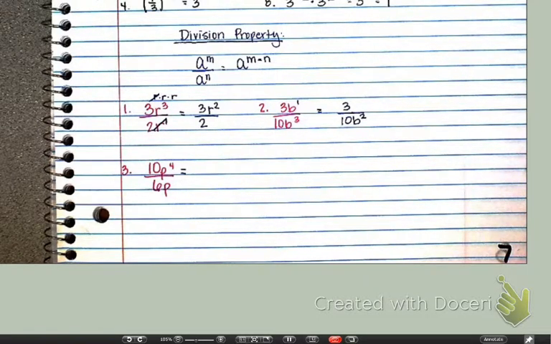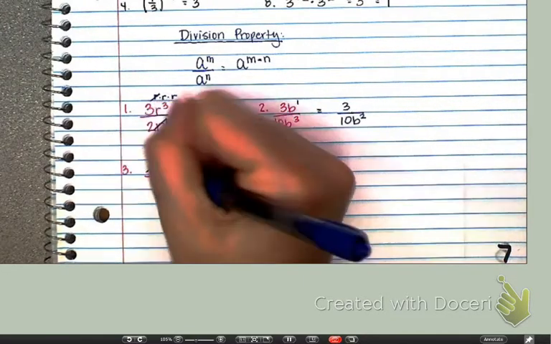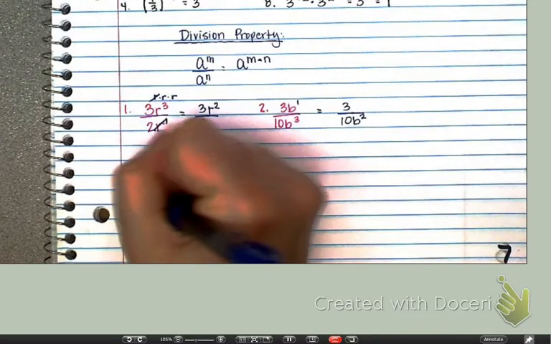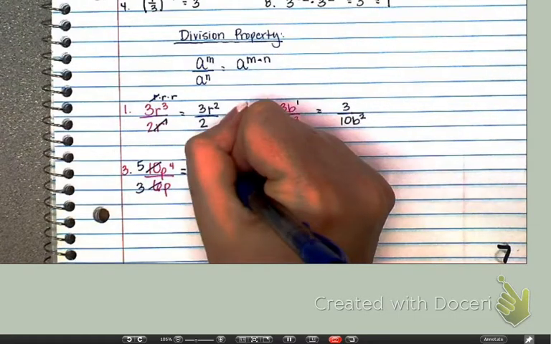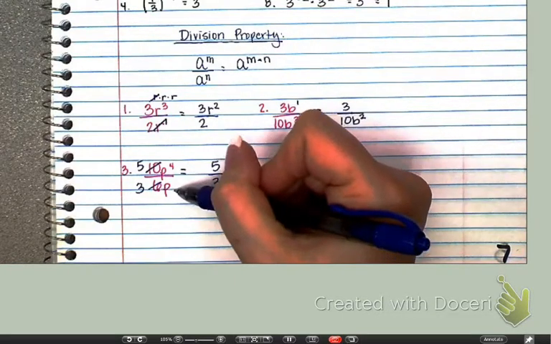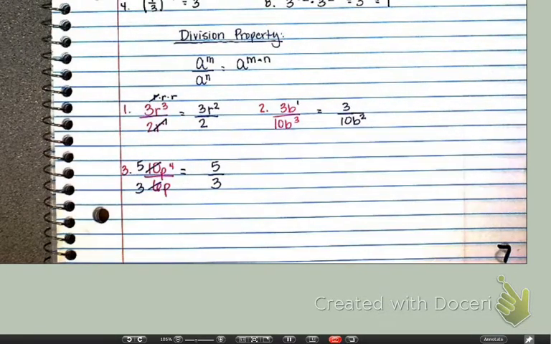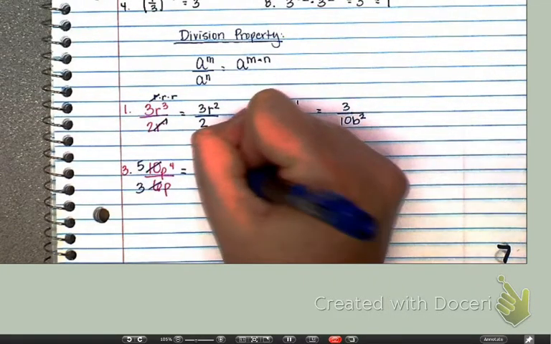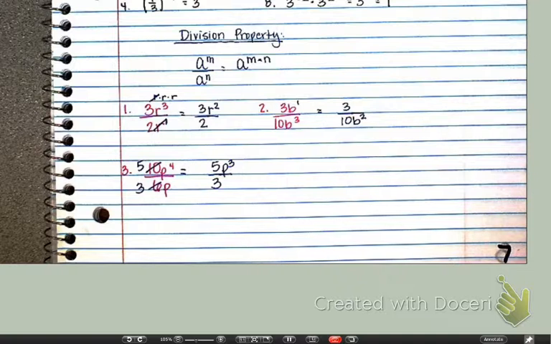Is there a number that goes into 10 and 6? 2, right? So 2 goes into 10 5 times, 2 goes into 6 3 times, so this is really a 5/3. And then for my exponents, I have a 4 minus 1, which is 3, and where are those going to stay? In the numerator. So you should have had 5p to the third over 3 as your final answer.